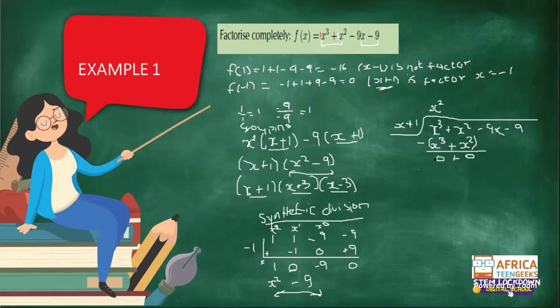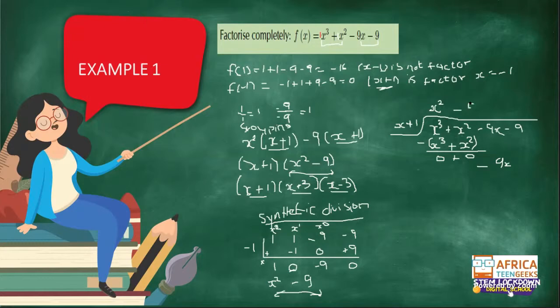And then you bring down your negative 9x. Then you say negative 9x divide x, which is negative 9.